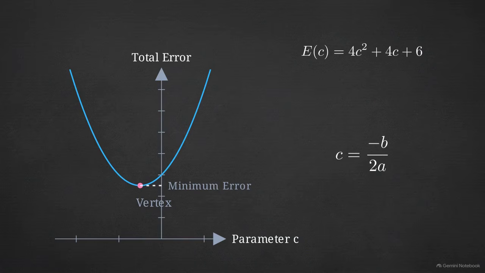To find it, we use the vertex formula, c equals negative b over 2a. We pull our b and a values directly from the polynomial, giving us negative 4 over 2 times 4. That gives us negative 4 divided by 8, which simplifies to exactly negative 0.5.